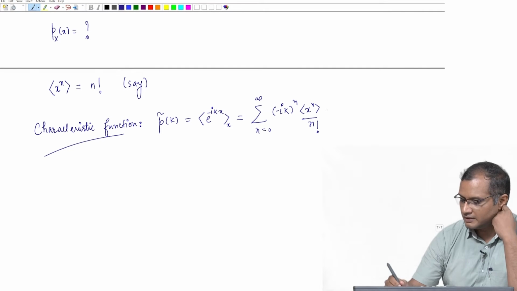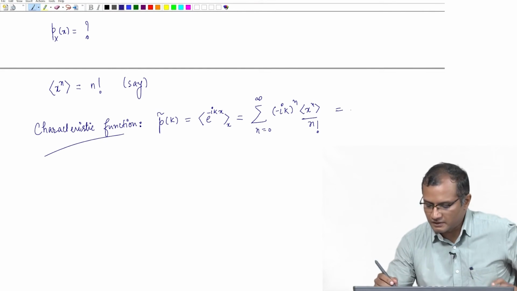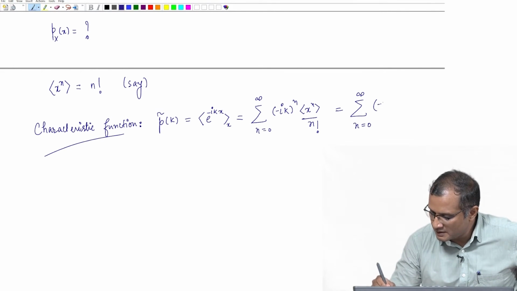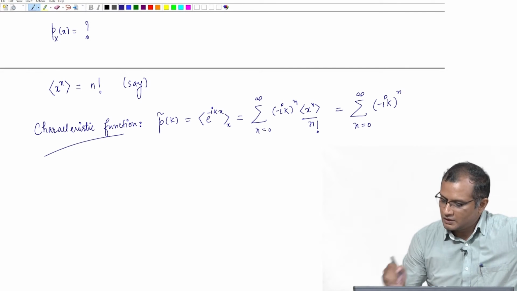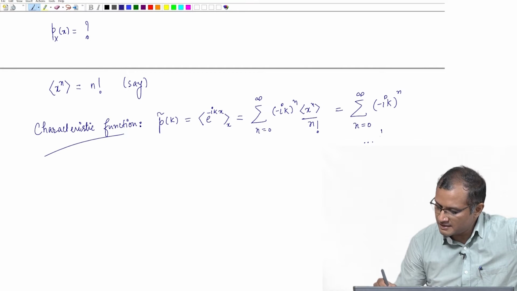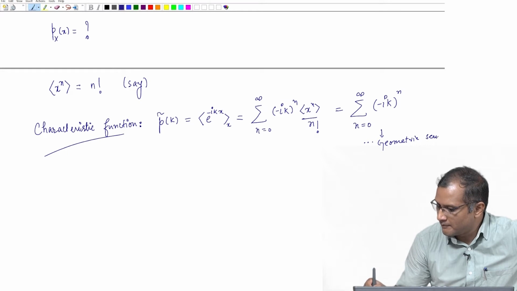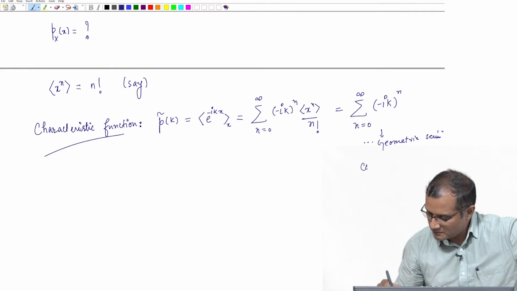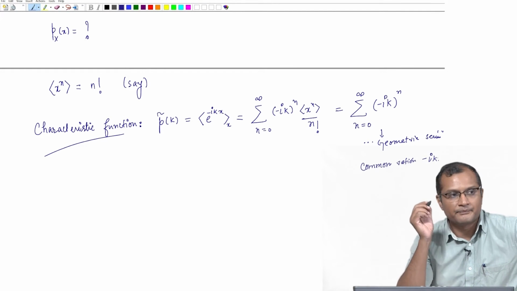Now, I have already given the averages. So, the nth averages are distributed as n factorial. So, this is going to be nothing but just the sum over n going from 0 to infinity of (minus I k) to the power n. Now, you can easily see that this is a geometric series with a common ratio minus I k. Okay.